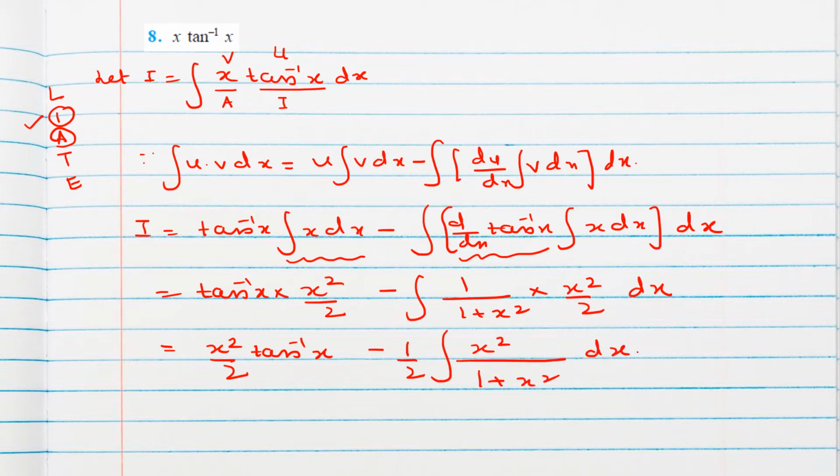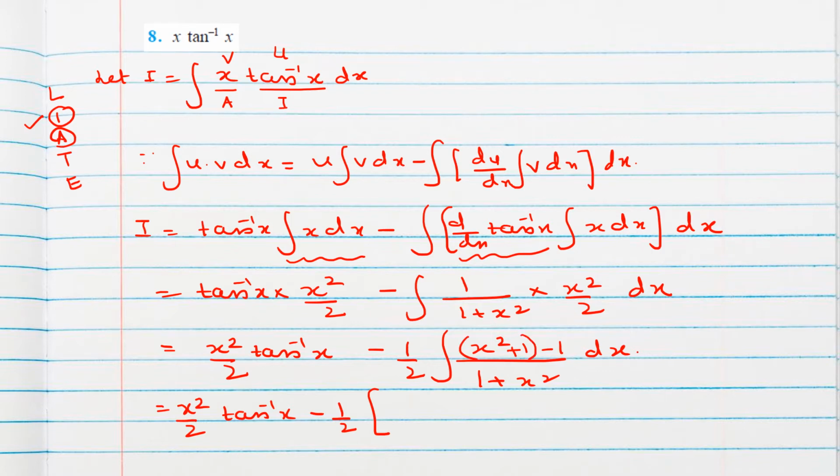Okay, now if you observe this one for second integral, here we can do arrangement, means we can make the numerator as denominator. So we can add 1 and subtract 1. This is the arrangement. Okay, so x square by 2 tan inverse x minus half. Now separate the integral as well as denominator. So this term will keep in bracket.